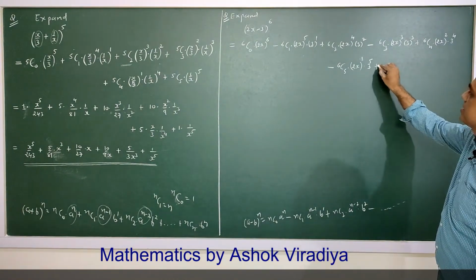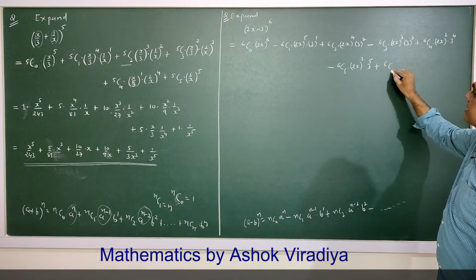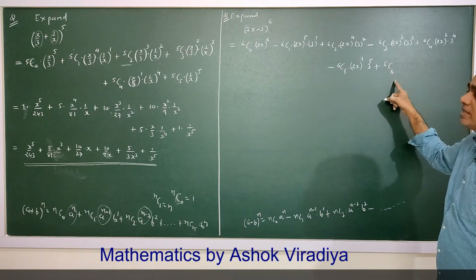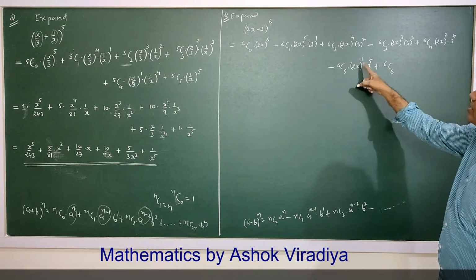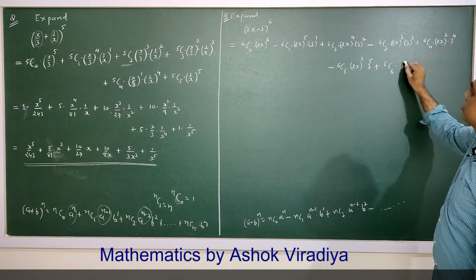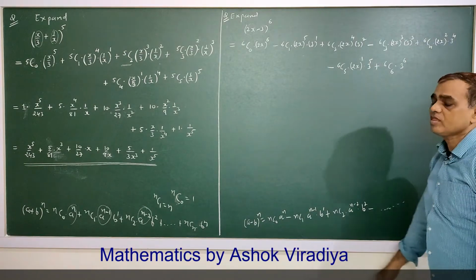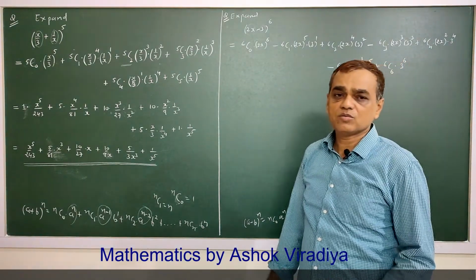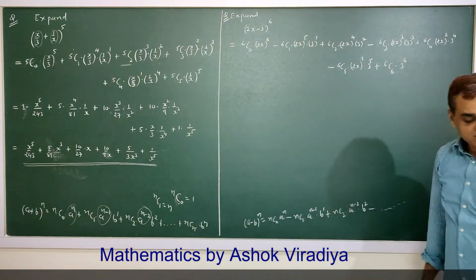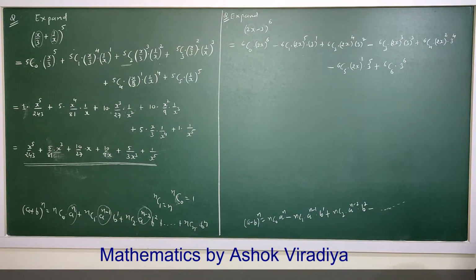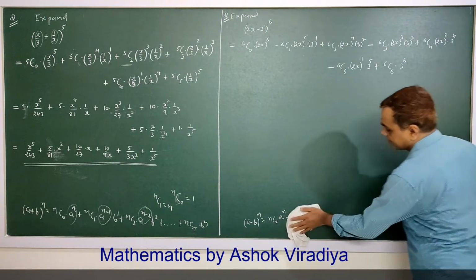Then plus 6c6, this will be the last term, 6c6 2x raised to 0, 3 raised to 6. So application of this formula for a minus b raised to n.